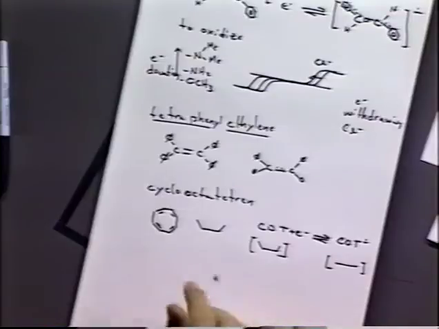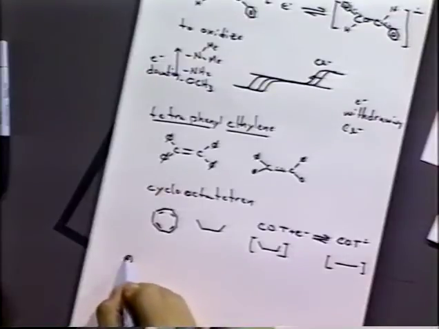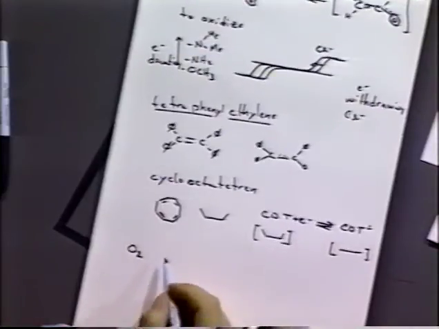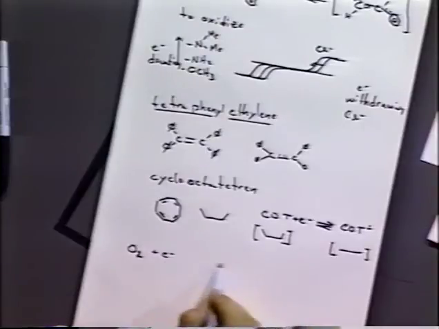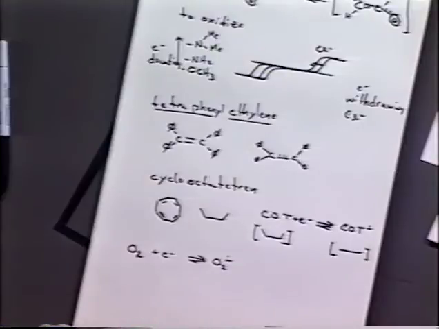Another example of an outer sphere reaction in non-aqueous solvents is the reduction of oxygen, forming the radical anion of oxygen, which is also a simple one electron transfer process.